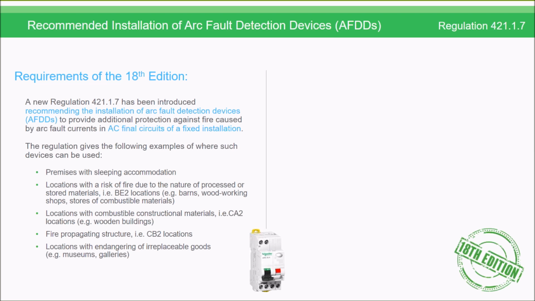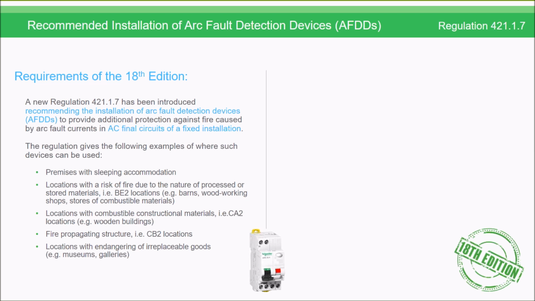So the areas that are outlined in the 18th edition now are premises with sleeping accommodation, locations with a risk of fire due to the nature of the processed or stored materials, and these are classed as BE2 locations. So these are barns, woodworking shops, stores of combustible materials, etc. Then we've got locations with combustible construction materials, classed as CA2 locations, and these could be, for example, wooden buildings and the likes.